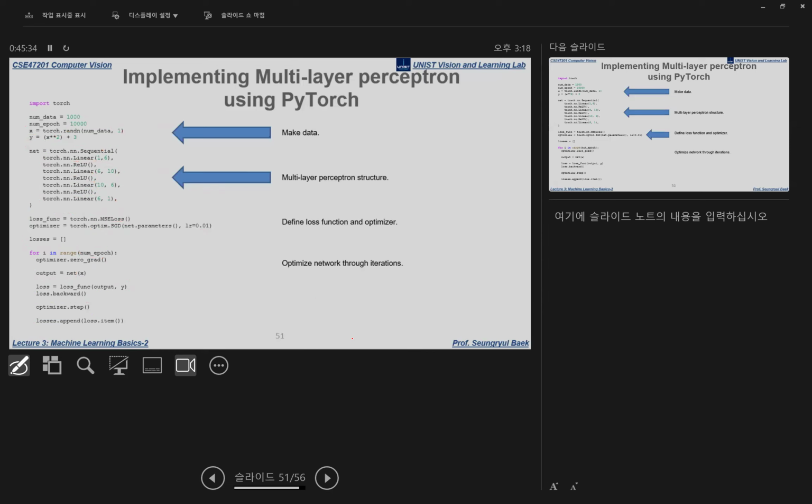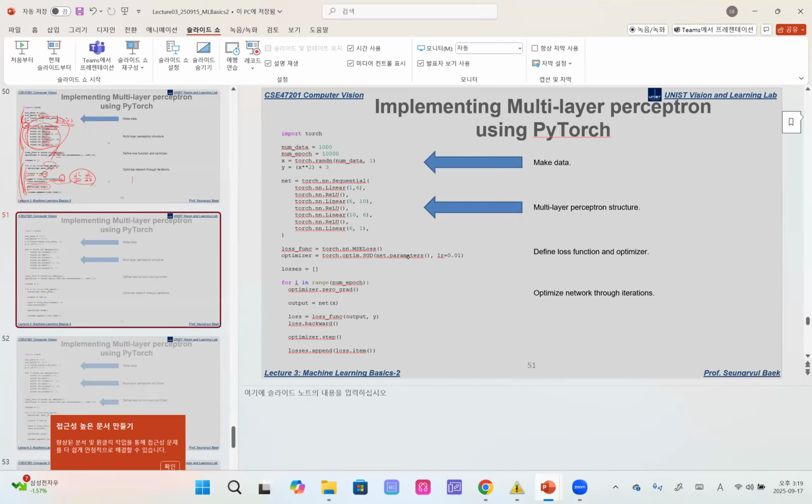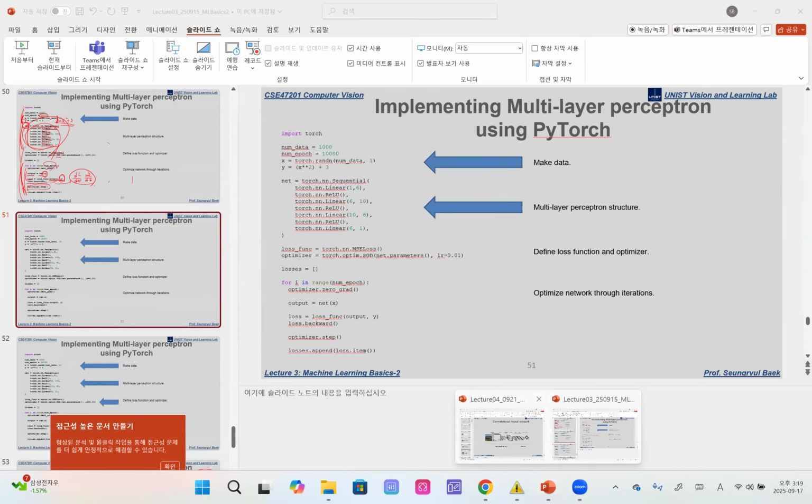So this is the lecture for lecture 3, but we have more time, so I will slightly introduce lecture 4.